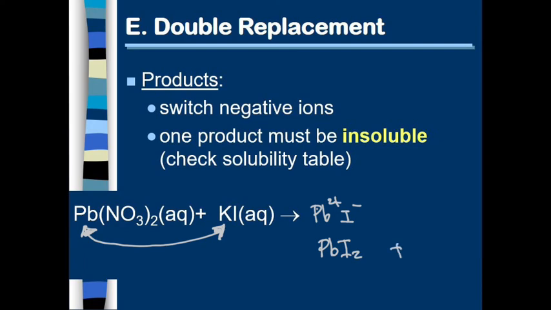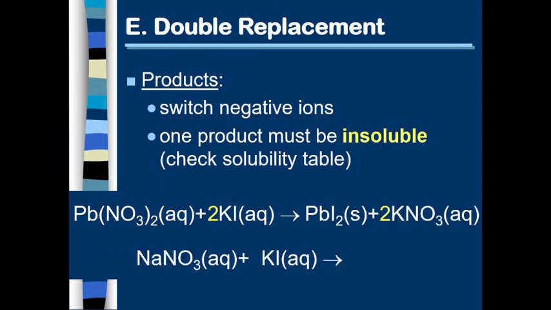And your potassium with a 1+ charge and your nitrate with a 1- charge. Those charges cancel. So you are left with KNO3. I know with the solubility tables, lead is a heavy metal, very common for it to be insoluble. This will be my precipitate. The other is left as aqueous solution. And there it is balanced.